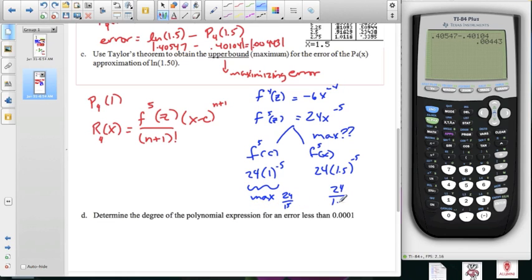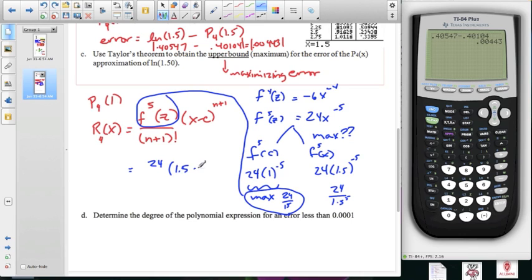And so, there we go. If this is our maximum value, then that's the value that goes right here. And so our maximum remainder then is 24, 1 to the 5th is just 1, so 24 times x, which is 1.5, minus c, center of 1, to the 5th power, right? 4 plus 1 is 5, so all over 4 plus 1, or 5 factorial.